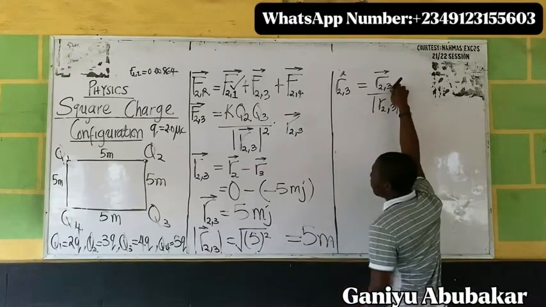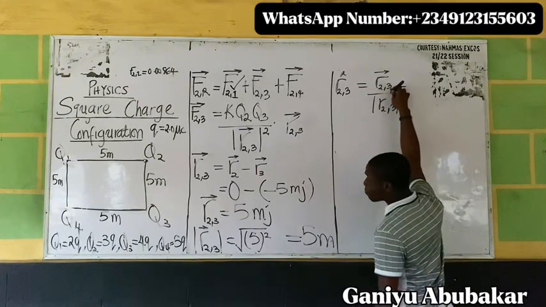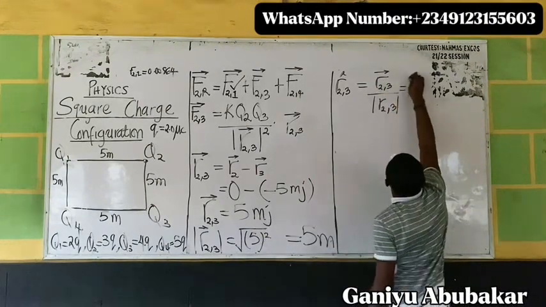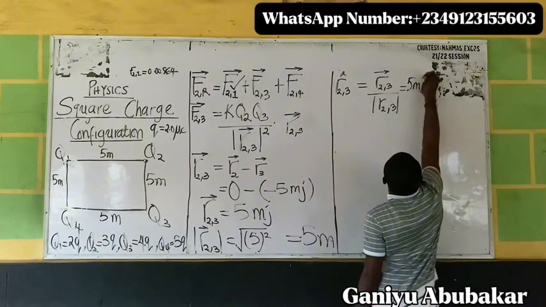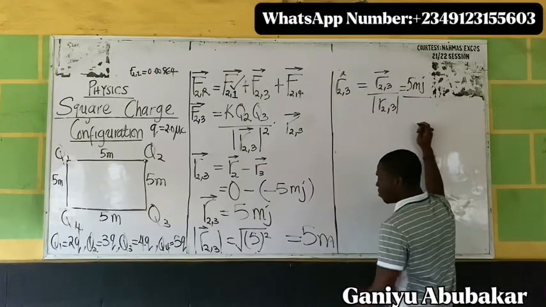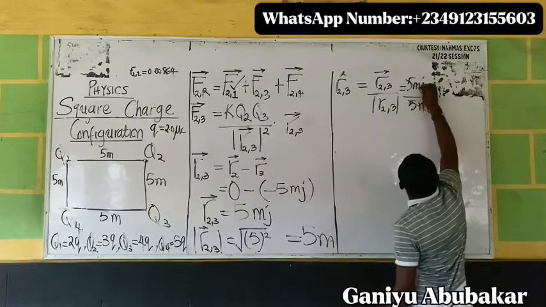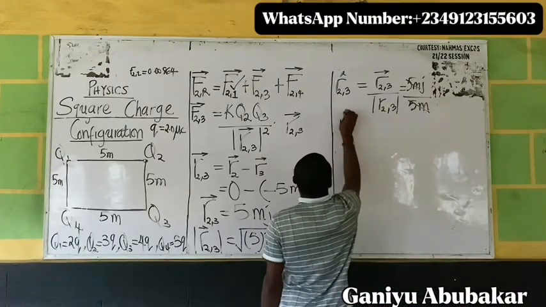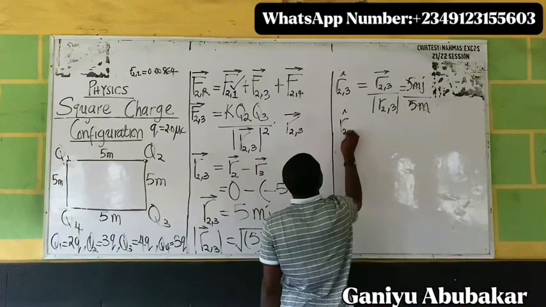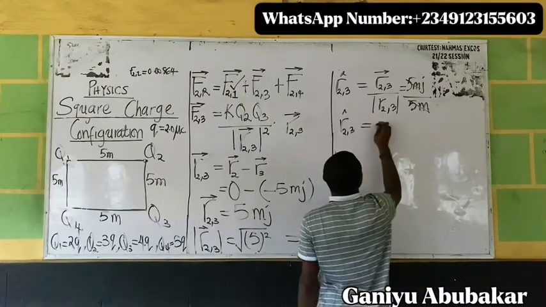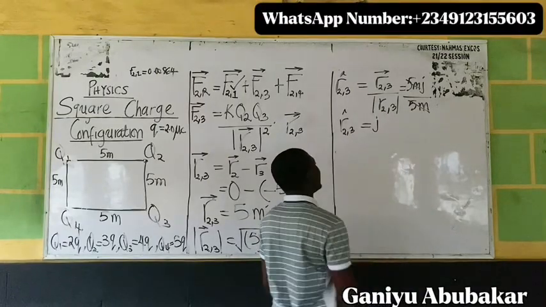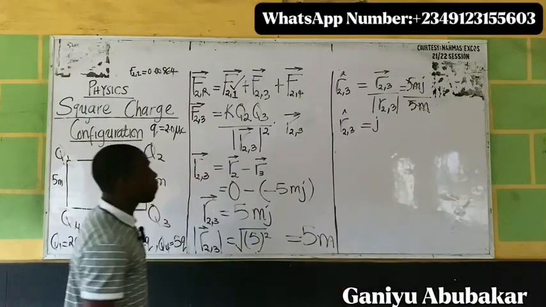This gives me 5 meters J all over 5 meters. This cancels this, I have J. So the value of the R23 unit vector is J.